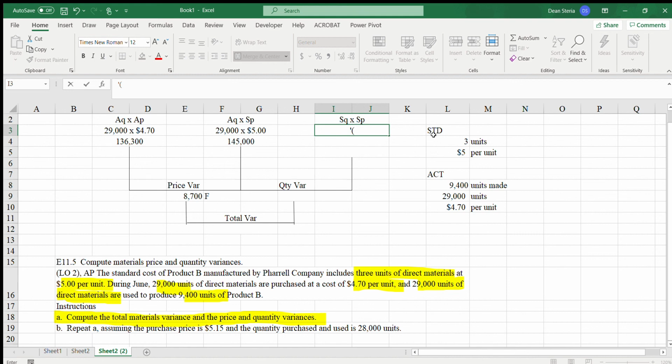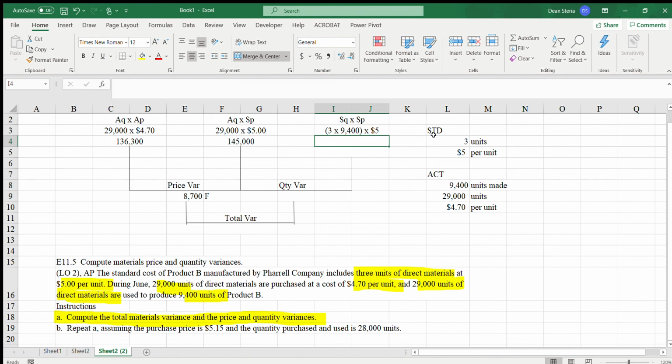Okay. Now here again, we're going to have to take that extra step to calculate our standard quantity. So if it's supposed to take me 3 units per unit made, I'm going to multiply that by the 9,400, and that will be my standard quantity, and I'm going to multiply that by my $5 per unit. Alright, so is everybody with me there?